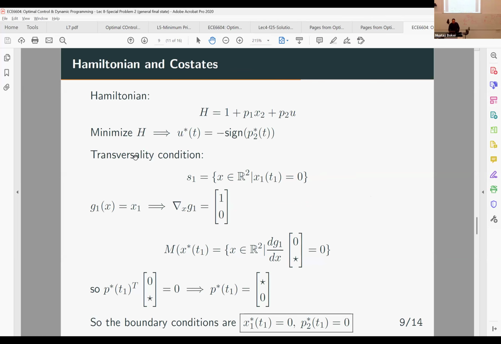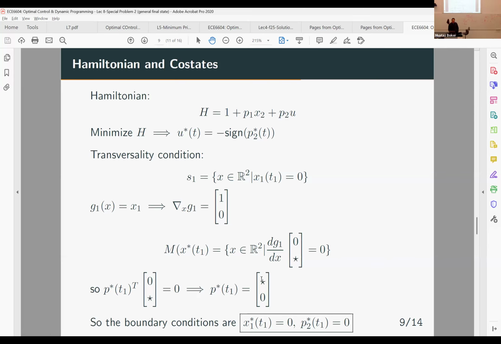Now, the transversality condition says that P star at T1 transpose times that space should be equal to 0. And from there, what is the row vector that, if I multiply by this column vector, I will get 0? Obviously, that's going to be something and 0.